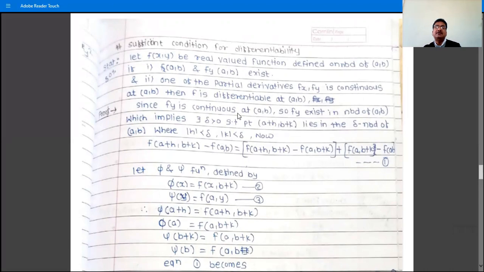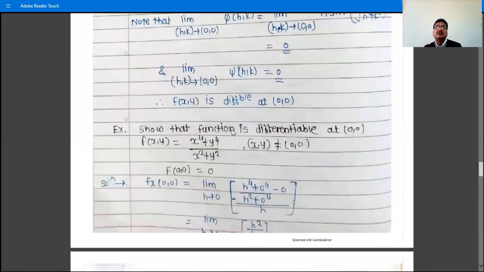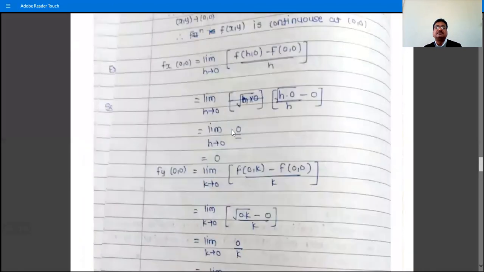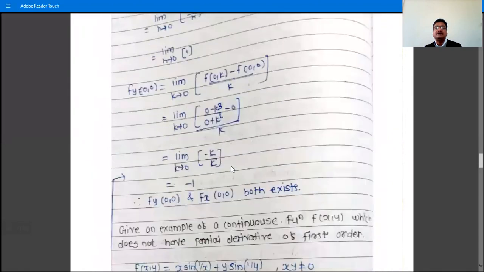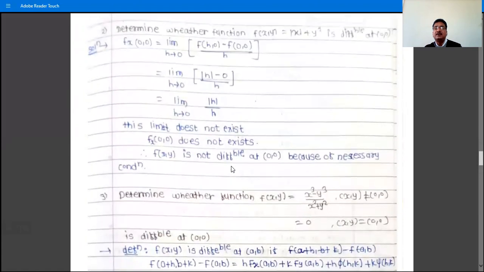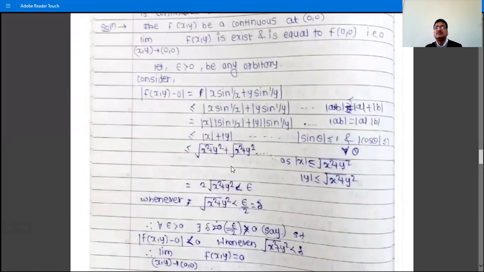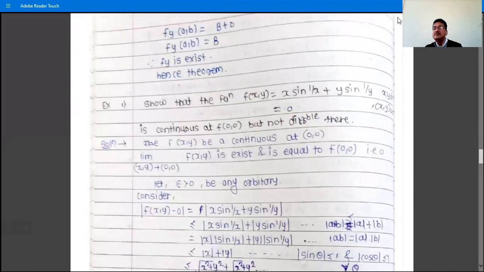This is the sufficient condition, and there are some problems on functions that are not differentiable, or functions that are differentiable at some point such as (0, 0). We will see these problems in the next lecture.